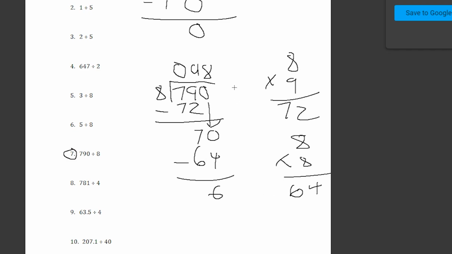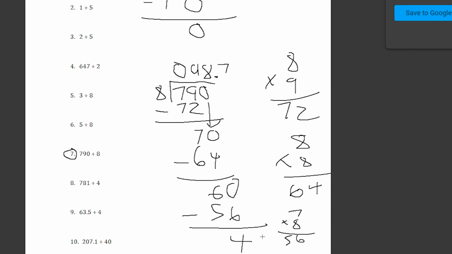And once again, we add another 0, but now we have to put a decimal because we're going out of this house. So we're going to put a 0 as a placeholder, and we can do 60 divided by 8, 7 times, because 7 times 8 equals 56. So we're going to write 56 here, and subtract that again, and 60 minus 56 is 4.